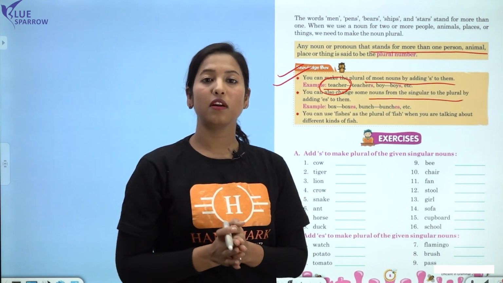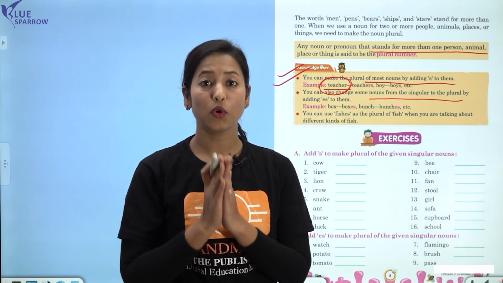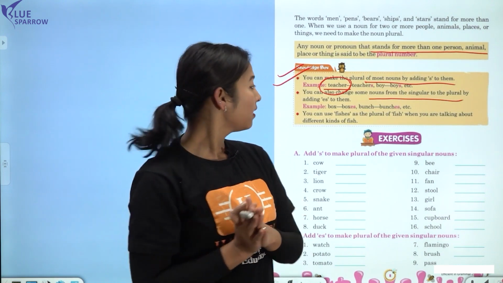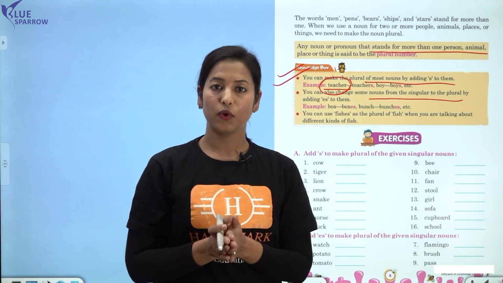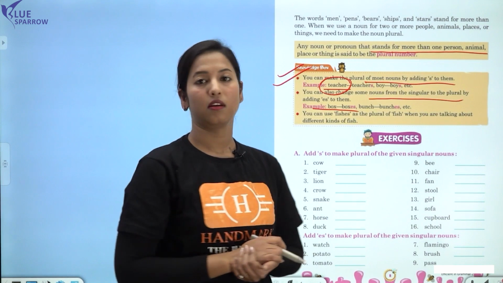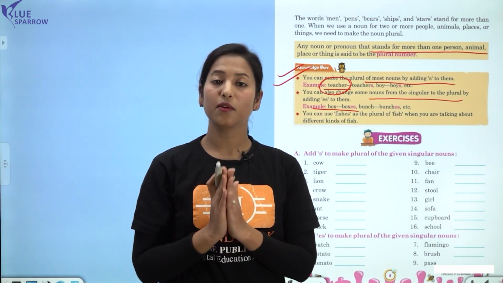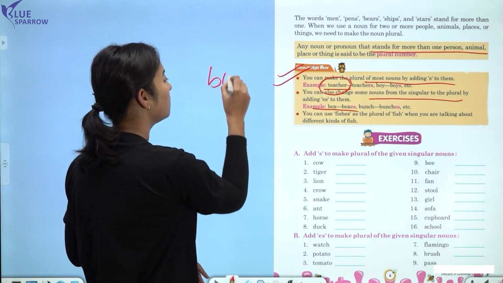But if there is more than one teacher, so we call it teachers. We put s at the end. Okay, just like this, we put es at the end of a few nouns. For example, box. If there is one box, we call it box. But if it is more than one, we call it boxes.